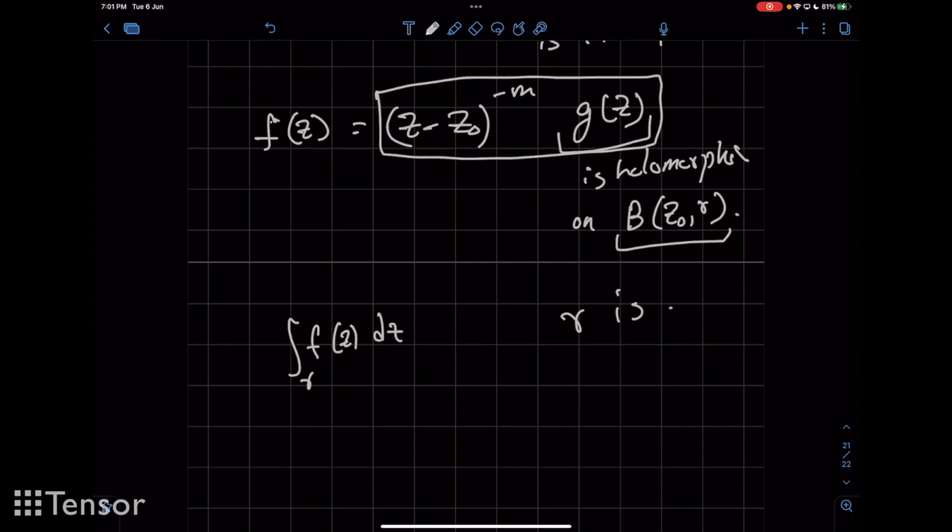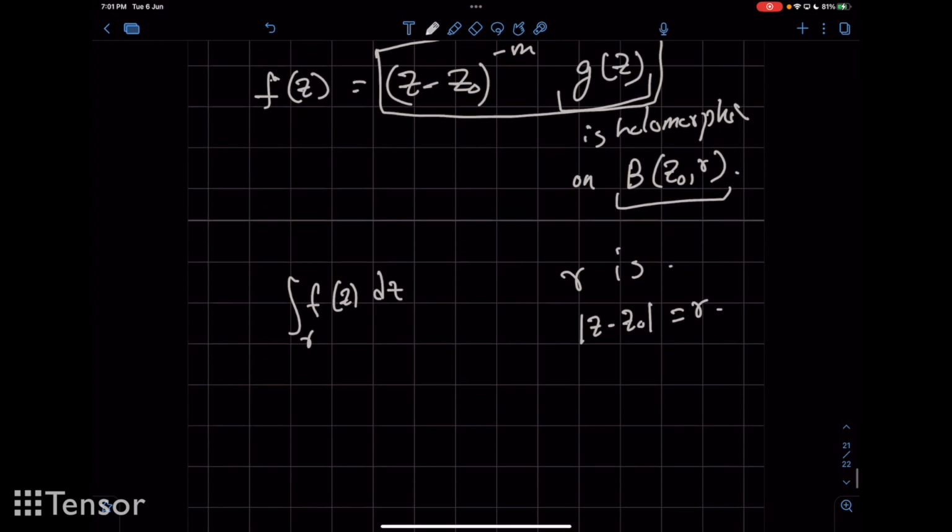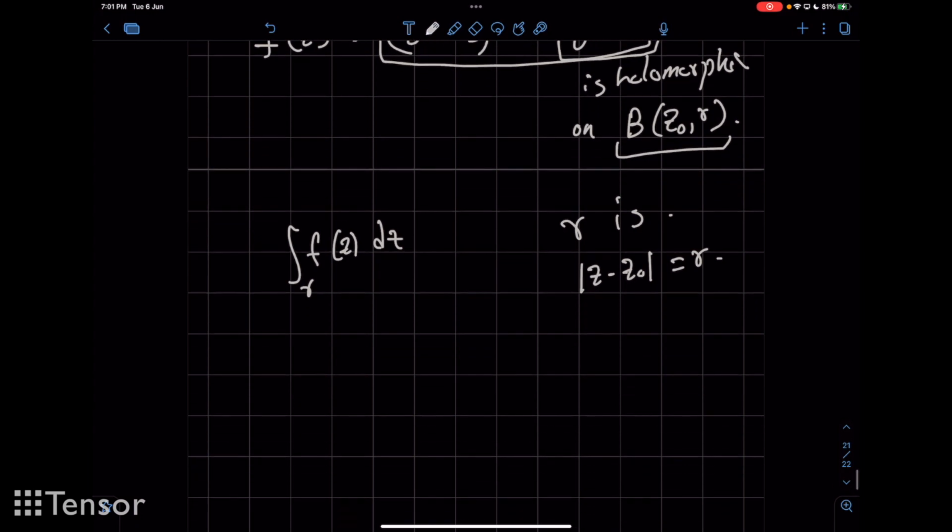So gamma is |z - z0| = r. Then we are going to see what the value of this integration is.